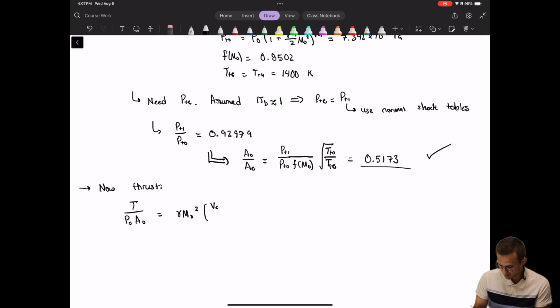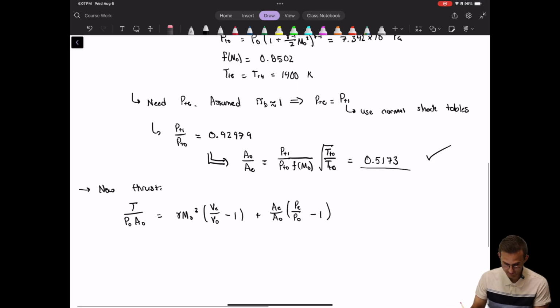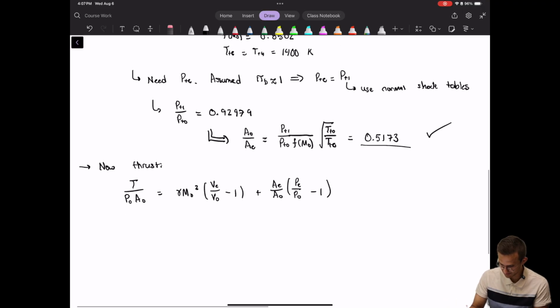So it's V over V naught minus 1 plus AE over A naught times PE over P naught minus 1. Well, we already have A naught over AE, right? So we know what that is already. We know what P naught is.